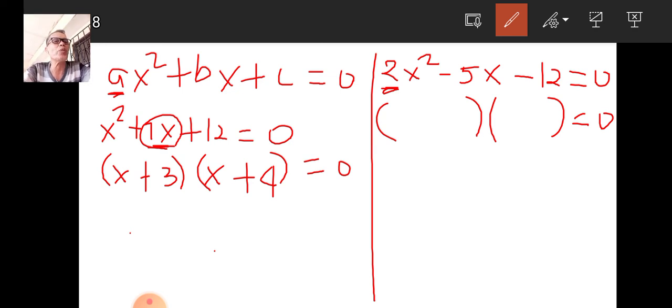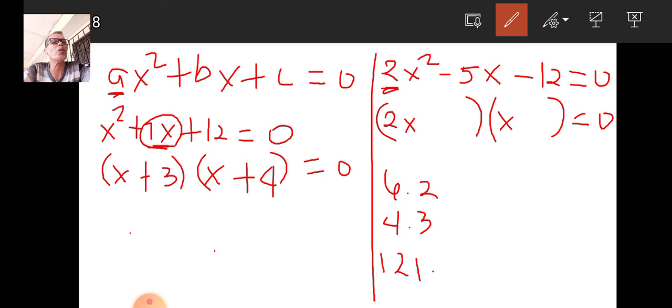So the factors of 2x squared are 2x times x. Now the factors of 12 can be 6 times 2, 4 times 3, or 12 times 1.